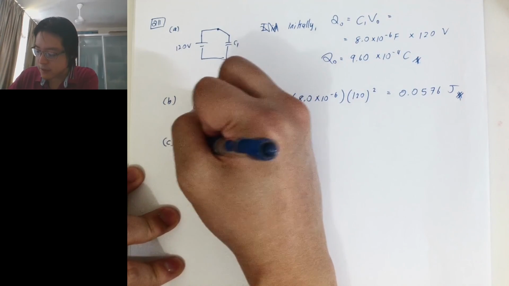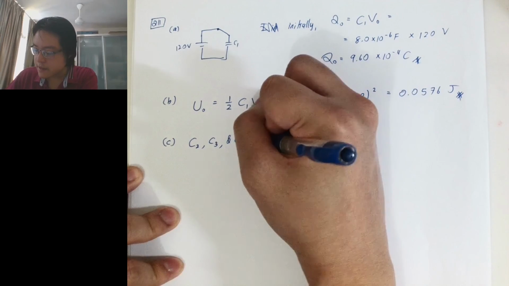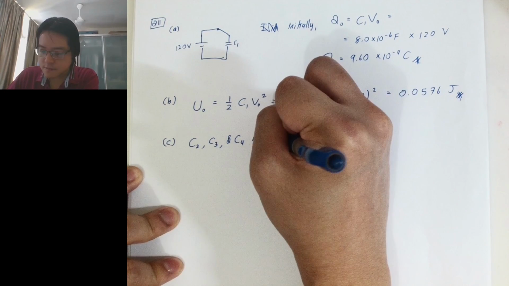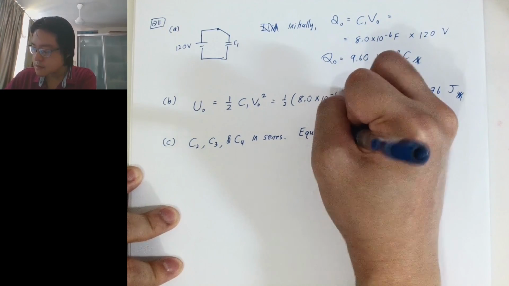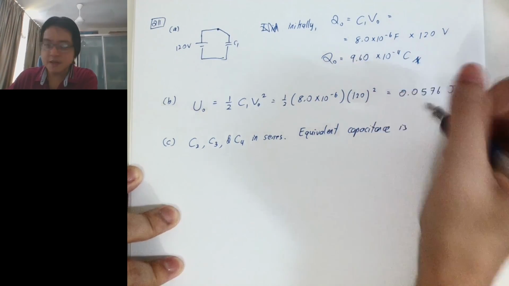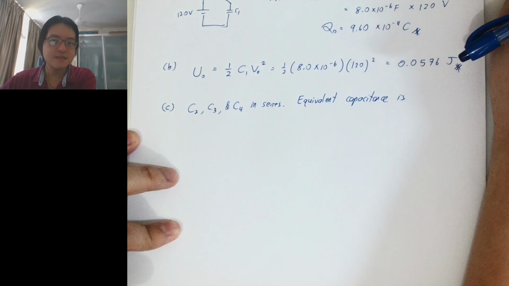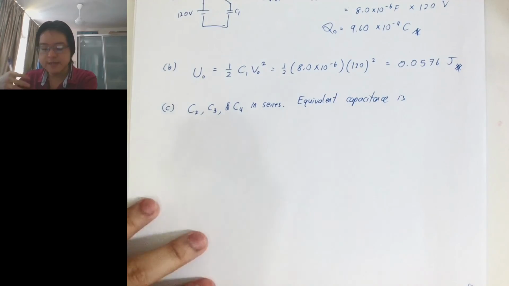C2, C3, and C4 are in series, so the equivalent capacitance is needed, because that is the purpose of having an equivalent capacitance, right? Instead of considering three capacitances, which is confusing, we just replace them with one, and that is equivalent.